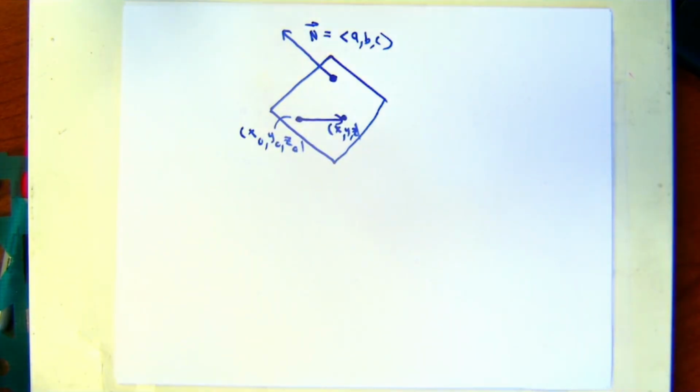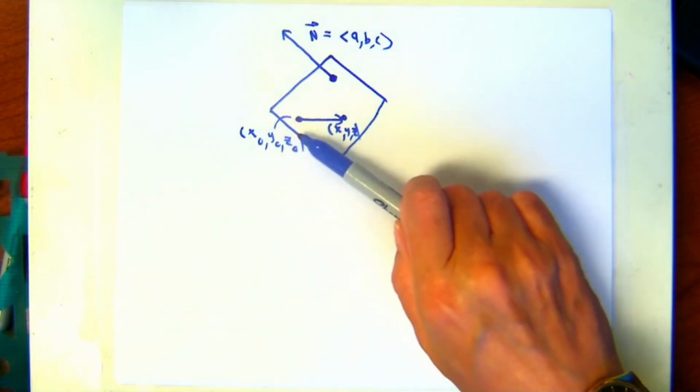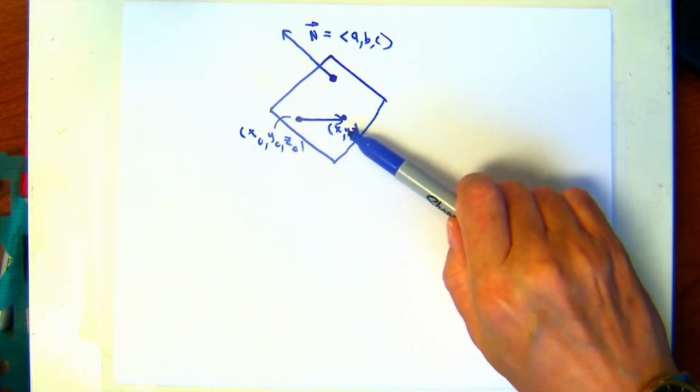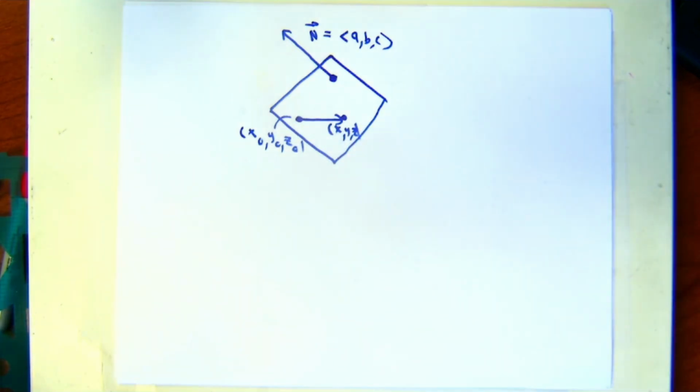That vector lies completely within the surface of the plane, and n is at right angles to the plane, so n must be at right angles to the vector that starts there and ends there. We can identify 2 non-zero vectors as being at right angles, though, by saying that their dot product must be 0. And this is going to give me an equation.